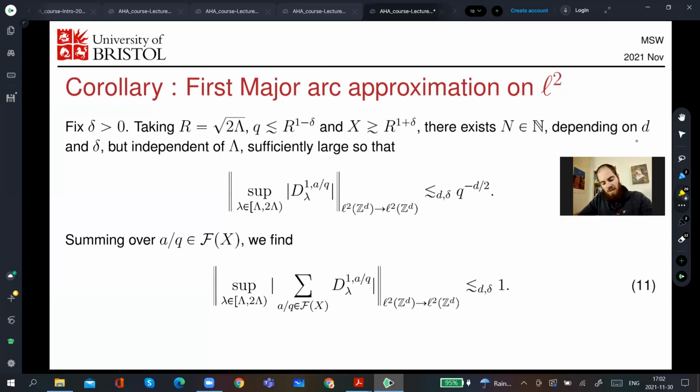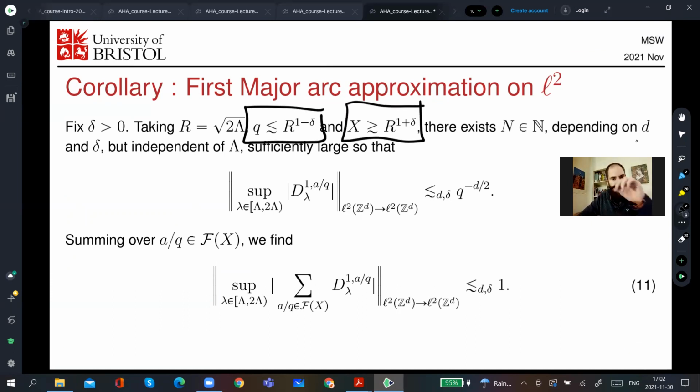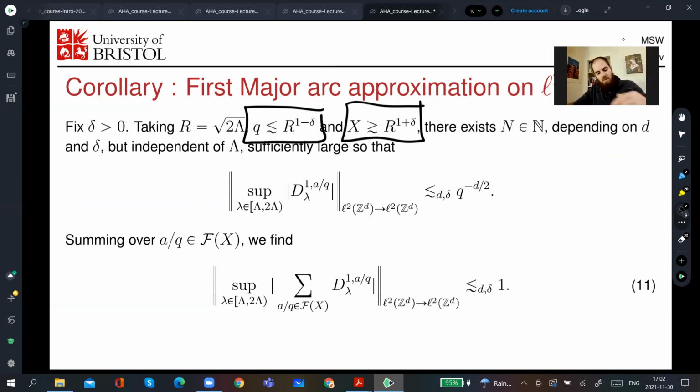If I assume IQ is sufficiently small, meaning it's going to be on a major arc, and I assume that my Fourier level is sufficiently large, so those are consistent with the choices I said we're going to make at the end, then we can find that we have the following bound. Did I do that wrong? Yeah, so how do we get this?